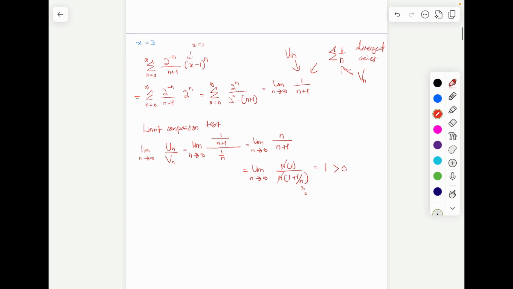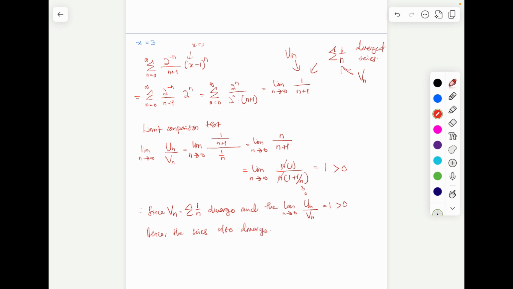So therefore, since vn, that is summation 1 over n, diverges, and the limit of un divided by vn is equal to 1, which is greater than 0, hence the series also diverges.